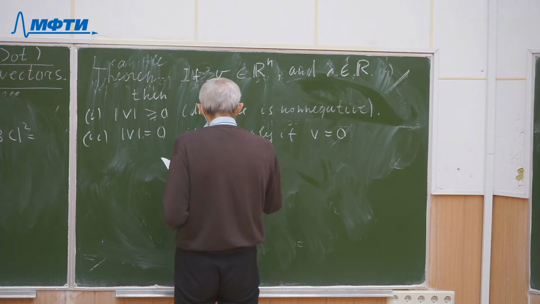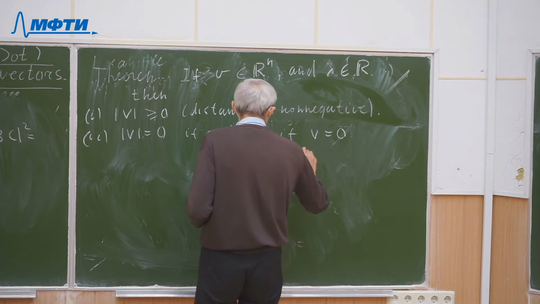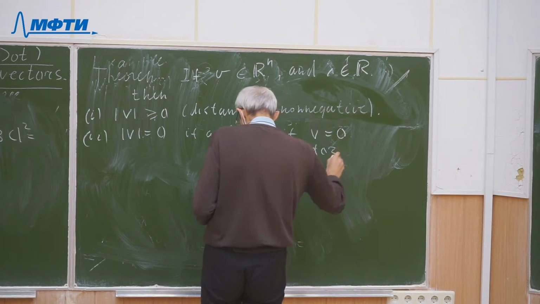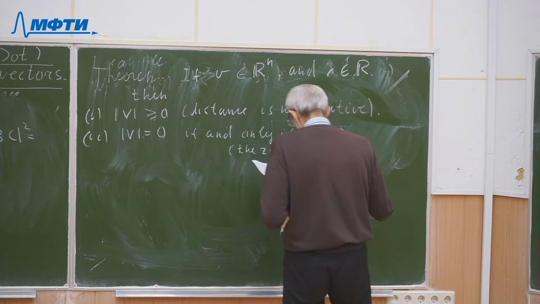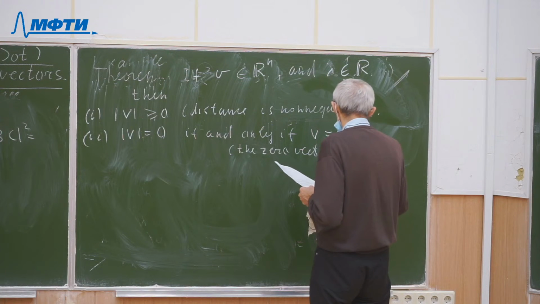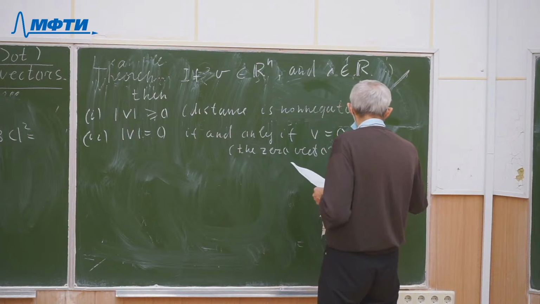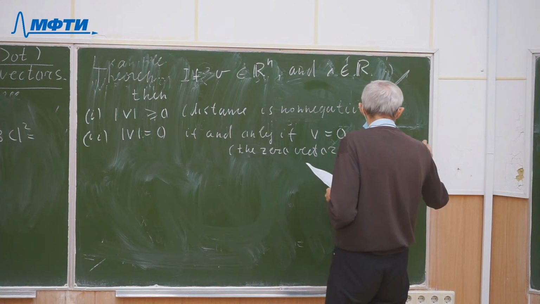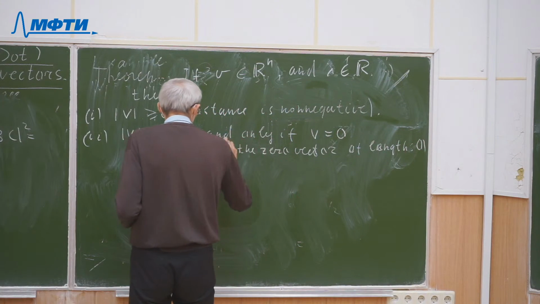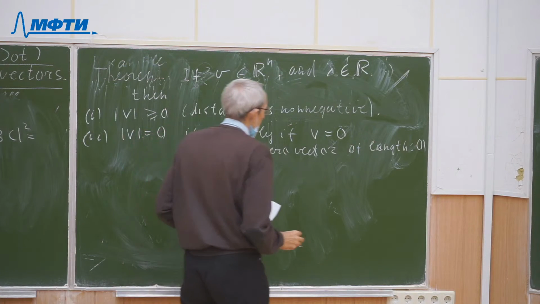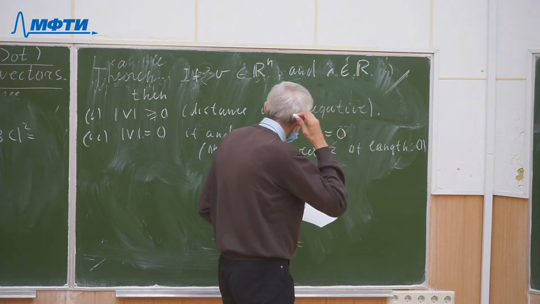Only the 0 vector has length 0. Only the 0 vector has the 0 length.